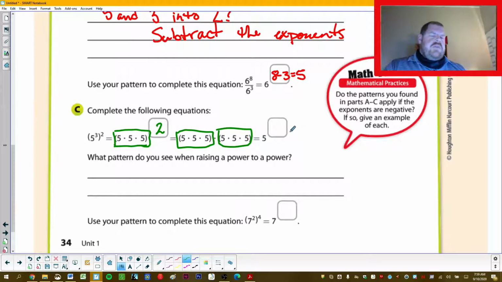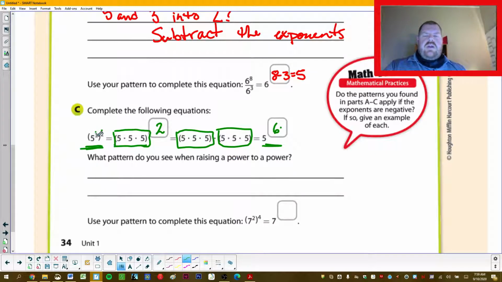And how many 5s do we have? 1, 2, 3, 4, 5, 6. So how can I turn a 3 and a 2 into a 6? I look back at my original problem and my answer, and how do I relate those? So what do you see when raising a power to a power?